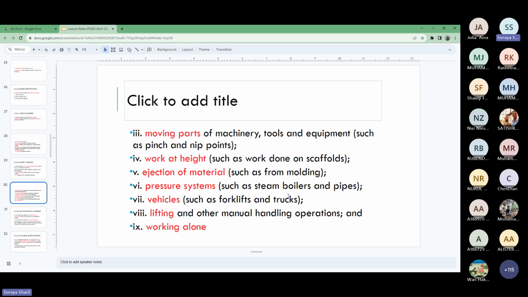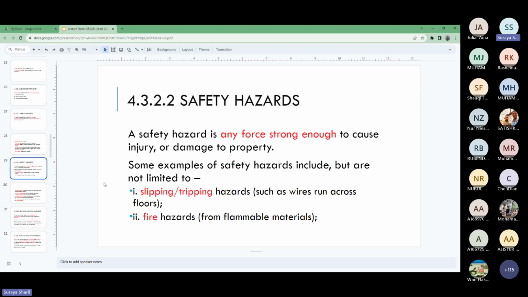Accidents may occur if we are not aware or not careful with all these moving vehicles in a construction area or in a warehouse or in a factory. So this is another important aspect in this health and safety work.